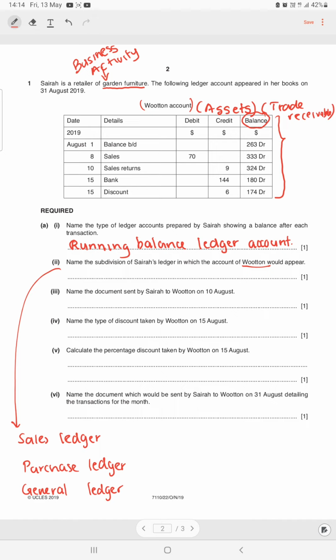So we know now that Bhutan is actually a trade receivable and a customer, and all customers are recorded in the sales ledger. The sales ledger is a ledger which contains all the individual ledger accounts of each customer.